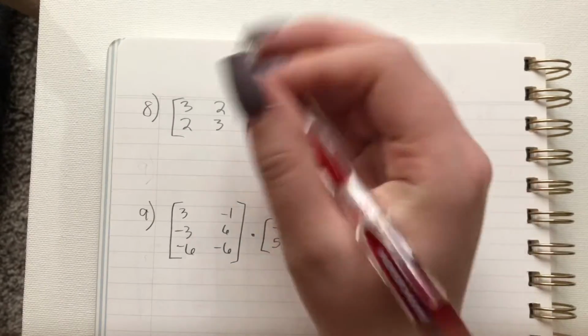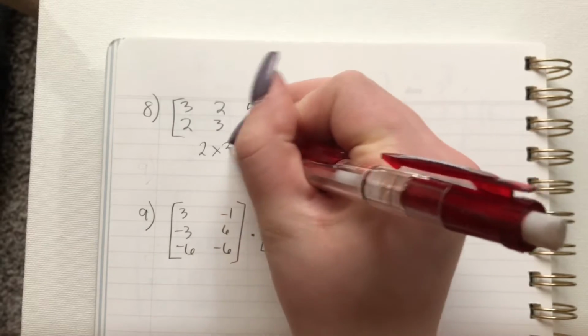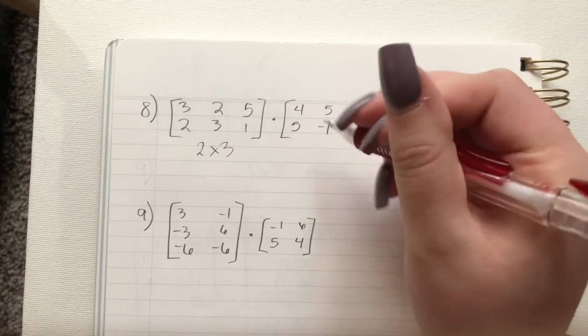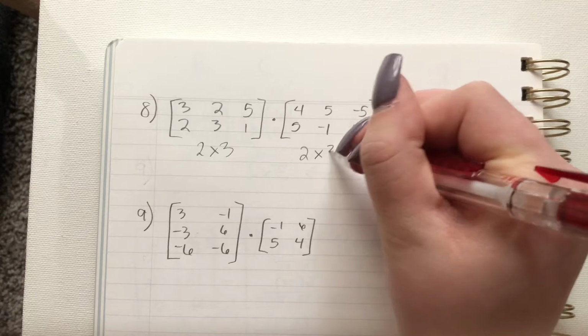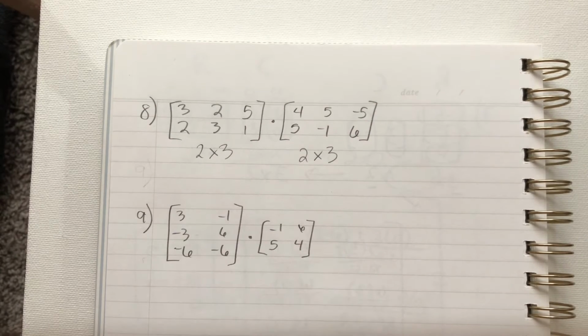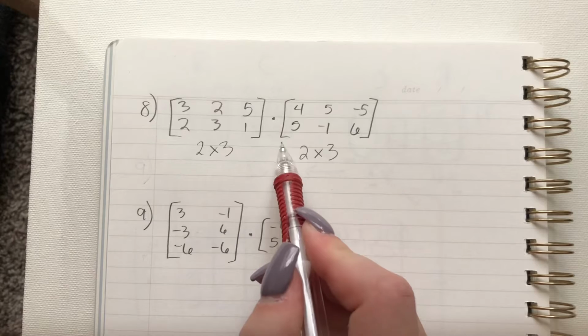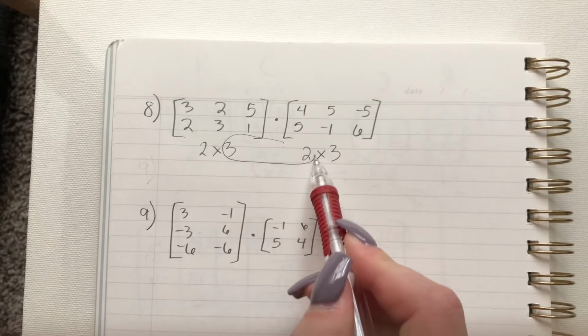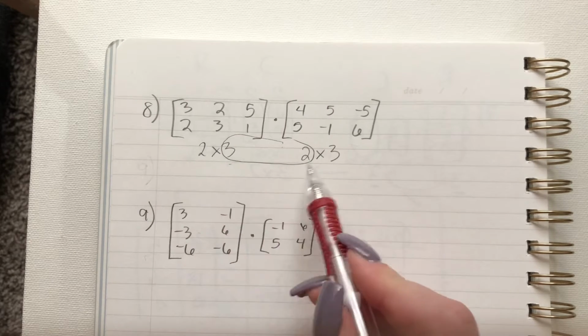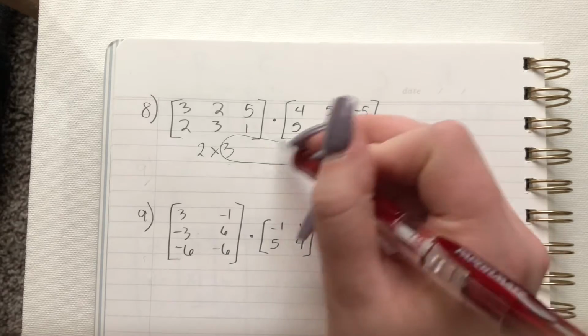So this has 2 rows and 3 columns, so it's a 2 by 3. This also has 2 rows and 3 columns, so it's a 2 by 3. Now, these are the exact same dimensions, so I could add them or subtract them, but I cannot multiply because those numbers in the middle, the columns of the first one and the rows of the second one, are not the same.